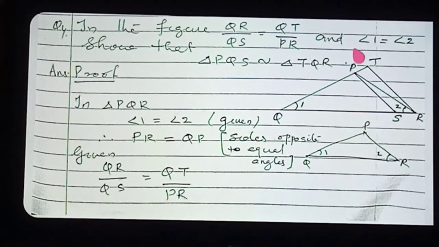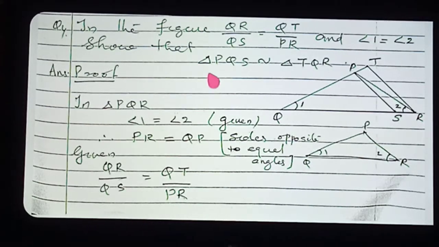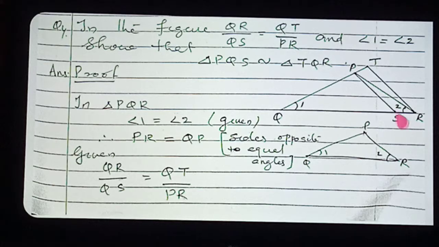Angle 1 and angle 2 are already written here. This angle 1 and angle 2 are equal. Show that triangle PQS, which is the triangle inside, and TQR, which is the outside triangle, are similar. Once more, which triangles do you want to prove similar?